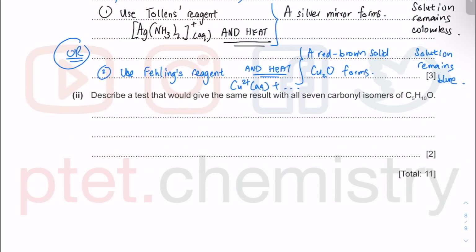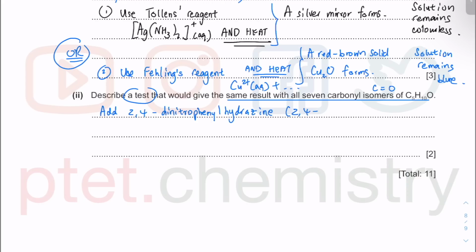Anyway, remember what I said earlier about the 2,4-DNPH? Now a test that will give the same result with all of them. So basically they have ketones or aldehyde. They have the C=O carbonyl group. So add 2,4-dinitrophenylhydrazine. Just to remind yourself, what does it look like?